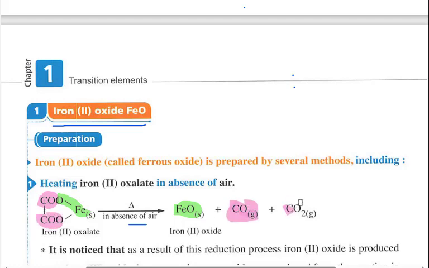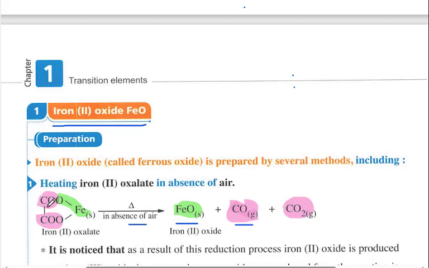So why is there no formation of ferric oxide, Fe2O3, here? Because this carbon monoxide gas has a very strong reducing power, so it makes all the iron oxide into iron 2 oxide, the lesser oxidation state of iron.